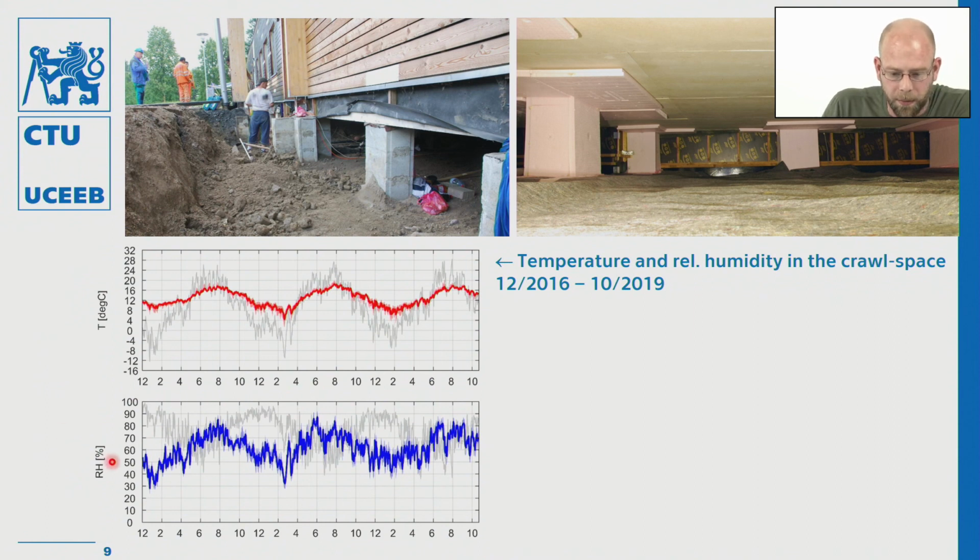The graphs cover a period of several years, and we can see that the relative humidity does not exceed 90%, which is quite safe from the point of view of molds and also moisture stability of construction materials involved.